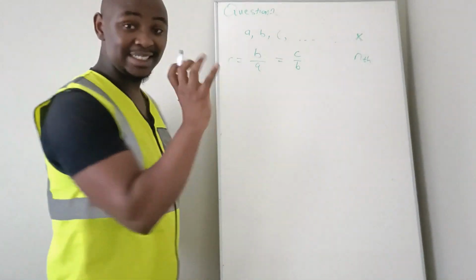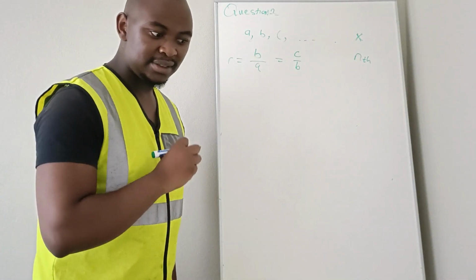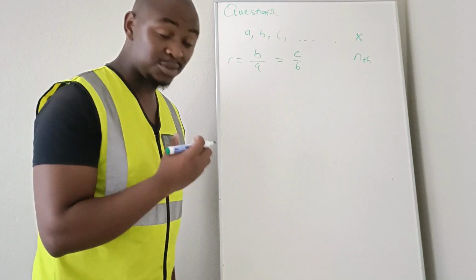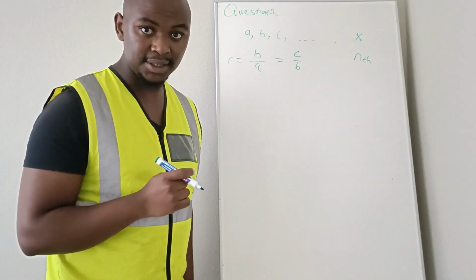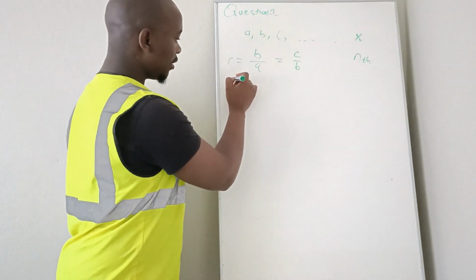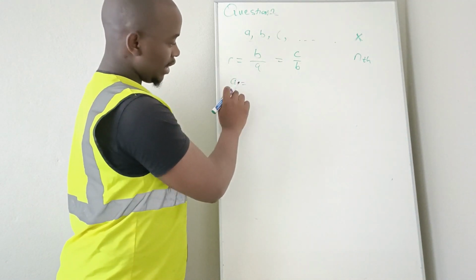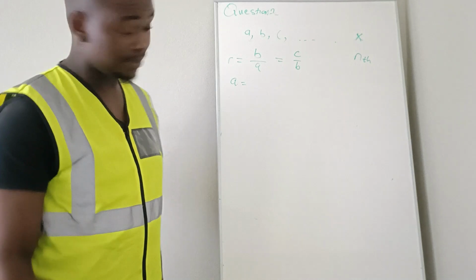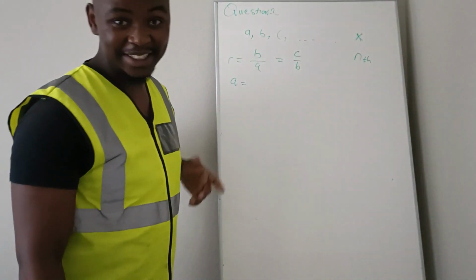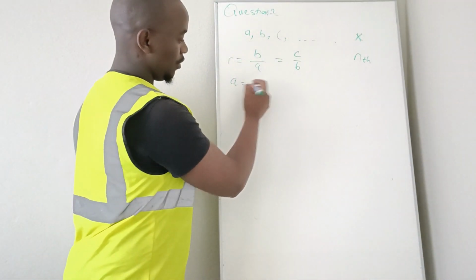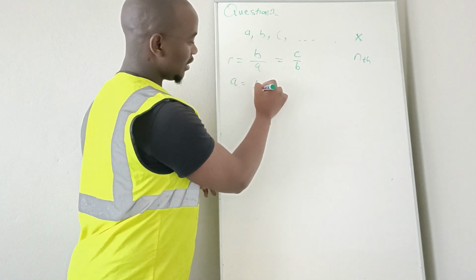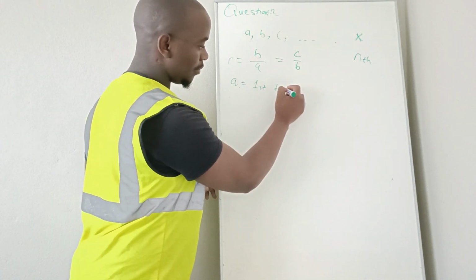Another thing is the first term. The first term forms part of the description of a geometric series. And the first term we denote as A. It happens here that the value is A, but generally A is the value that is in the first term.